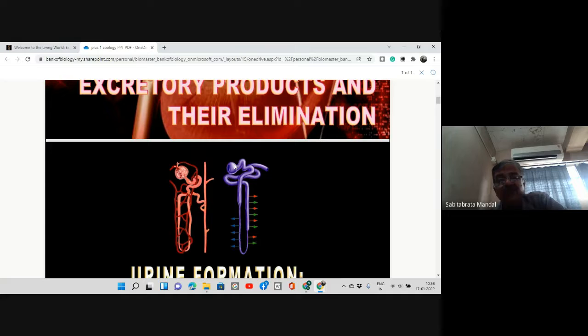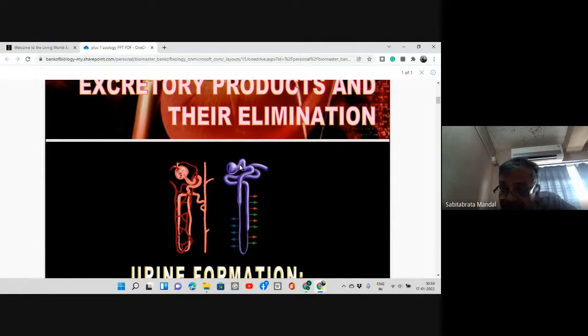So again, if I go back, A means the total glomerular filtrate. When the blood is filtered, whatever filtrate is present in the Bowman's capsule is known as the glomerular filtrate, and I am symbolizing it with A. In the glomerular filtrate, many useful substances are there, and we cannot eliminate them from our body.